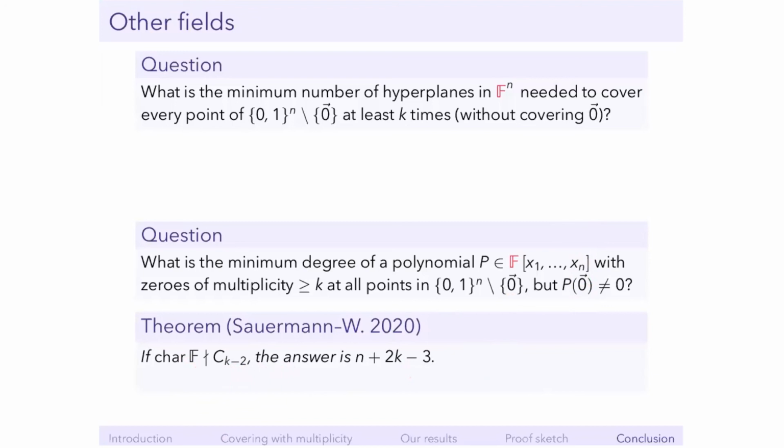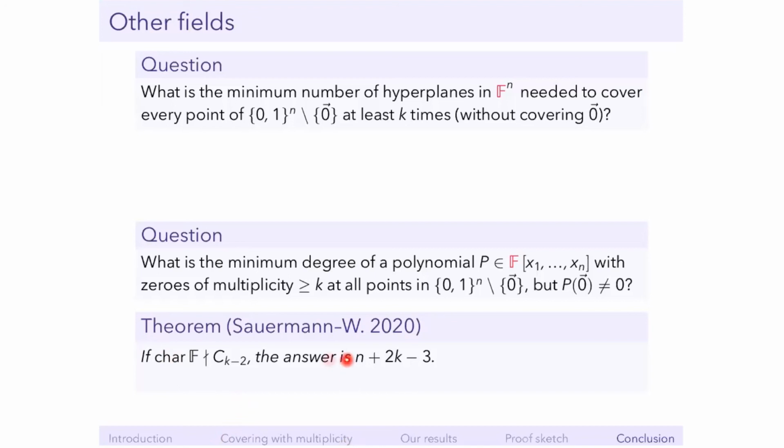It was equal to some Catalan number. So if that Catalan number is non-zero in this field, then the whole proof works more or less exactly the same way. And so over fields of characteristic 0, it's always the same thing. And over fields of positive characteristic, if the characteristic doesn't divide this Catalan number, then the same thing works.